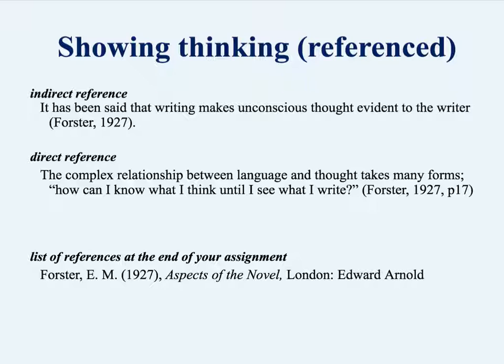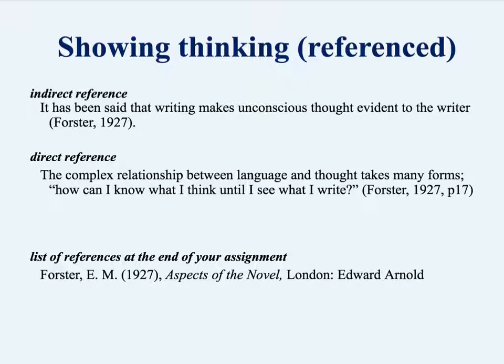Okay, so let's think that you've found a reference in a book that you really want to use, and it's to do with the way that, in a sense, writing helps us develop our thinking. And you might use that reference to support a statement that you make in your assignment, and you write an assignment which said, "It has been said that writing makes unconscious thought evident to the writer."